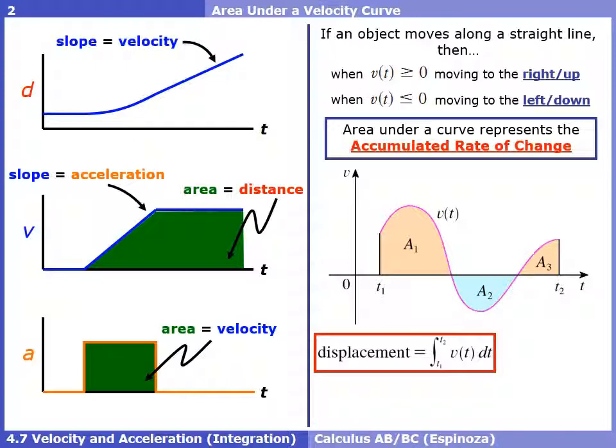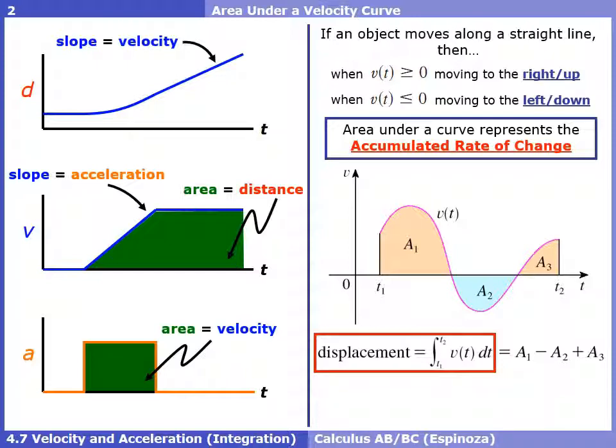So we know that areas above the x-axis, or the t-axis in this case, are positive, and areas below the t-axis are negative. Since we want to take into account the direction of that motion when we're integrating velocity to find displacement, we want to count area below the t-axis as negative.